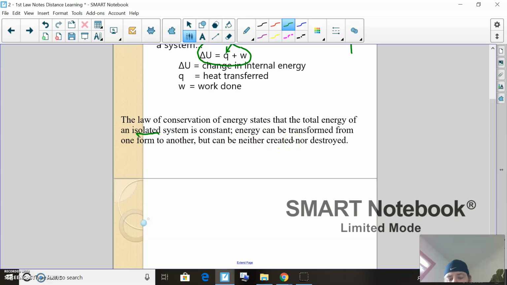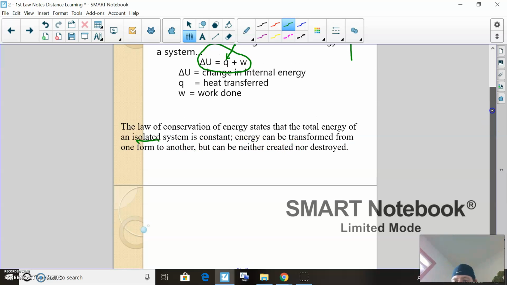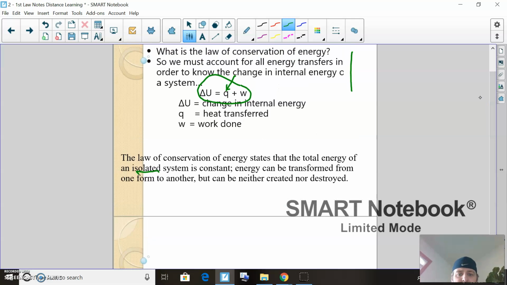So you can't create or destroy energy. Same thing with the law of conservation of mass. You can't just create or destroy particles. So if you have a chemical reaction in that vessel, the energy is going to be constant. What you break and what you form is going to be the same no matter what.